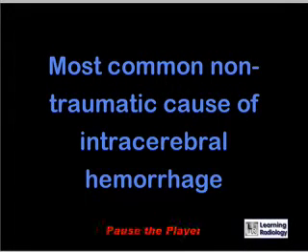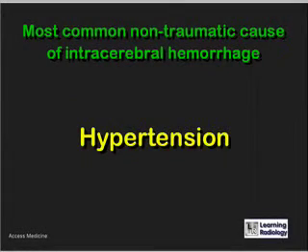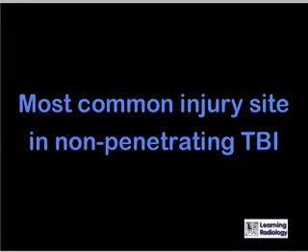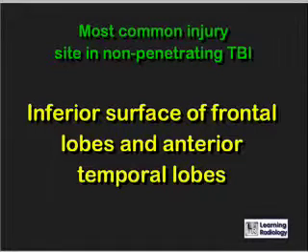What is the most common non-traumatic cause of intracerebral hemorrhage? Hypertension. What is the most common injury site in non-penetrating traumatic brain injury? The inferior surface of the frontal lobes and the anterior temporal lobes.